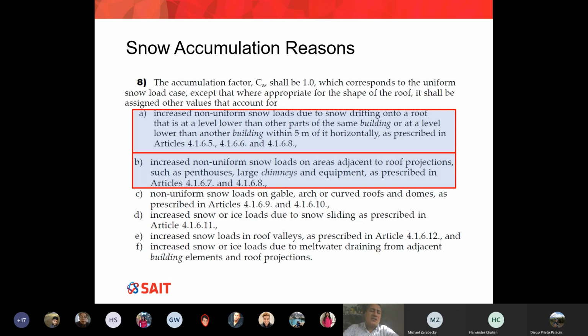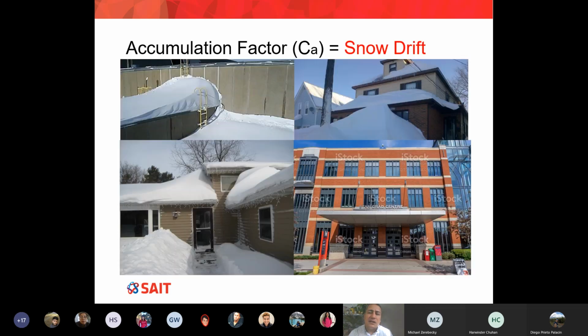What I want to say right now is, if your roof has different levels, like a higher roof and a lower roof, or if I go back to the Stand Grab building, I know this is not a roof, but it is a place where you can collect snow, and on top we have a roof, and both of them are not at the same elevation. This causes accumulation or drift. Multi-level roof.